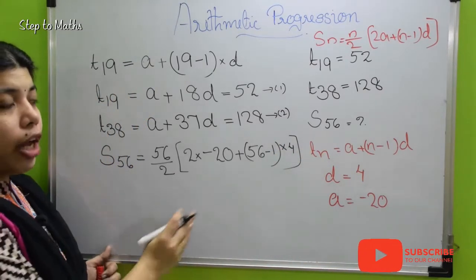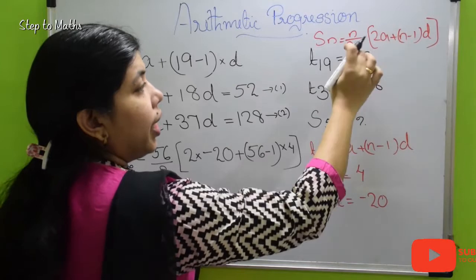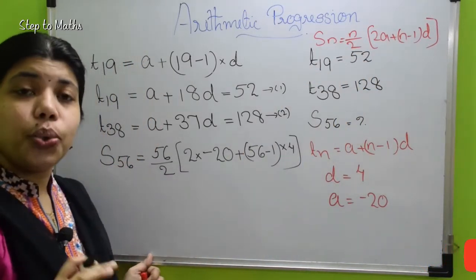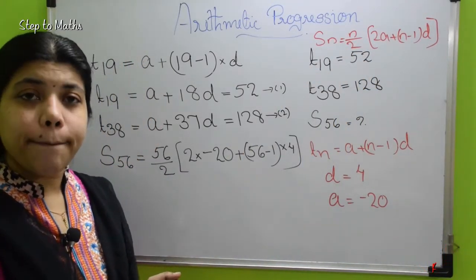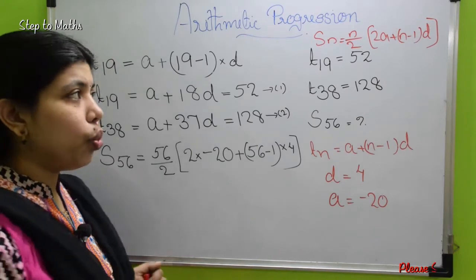Sn is equal to n upon 2 into 2a plus n minus 1 into d. Here n is 56, a is minus 20 and d is 4. We substitute these values in this equation.